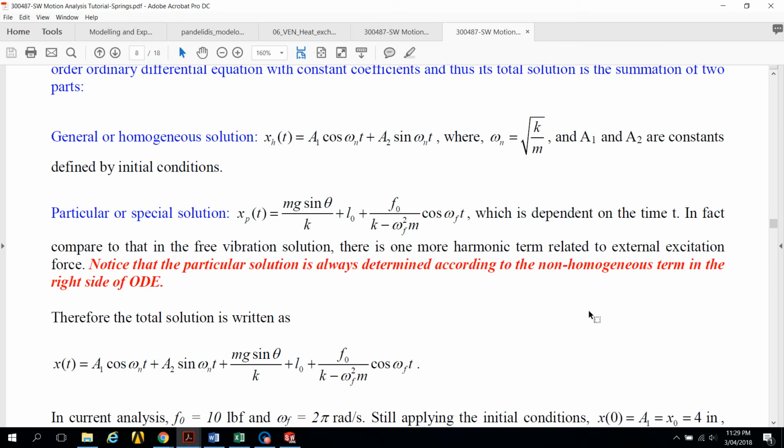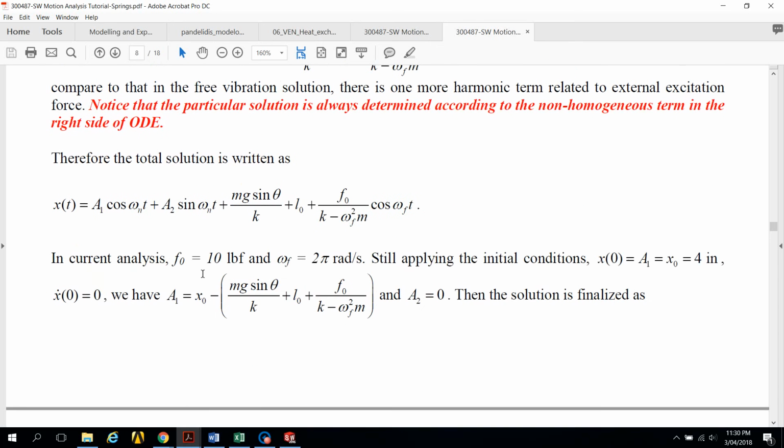Therefore, the total solution can be rewritten once again: displacement as a function of time, x(t), is equal to A1 multiplied by cosine of omega n t, plus A2 sine of omega n t, plus mg sine theta divided by k plus the initial length, plus F0 divided by (k minus omega f squared multiplied by m), all multiplied by cosine of omega f t.